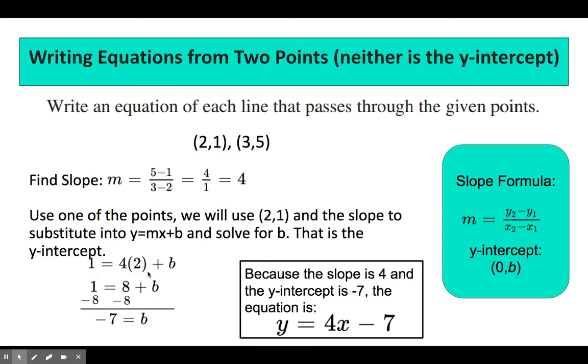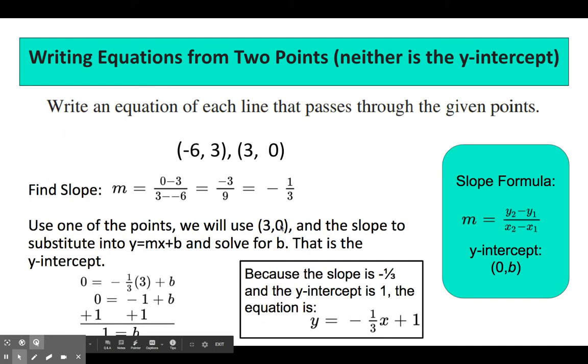They say 1 equals 8 plus b. Subtract 8 from both sides, negative 7 is b. So they figured out where that line is going to cross the y-axis. They already know their slope, and they can write the equation in slope-intercept form.